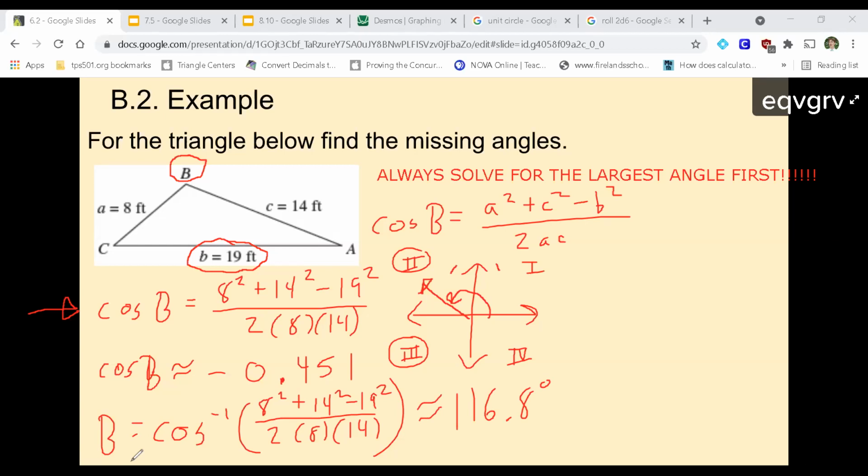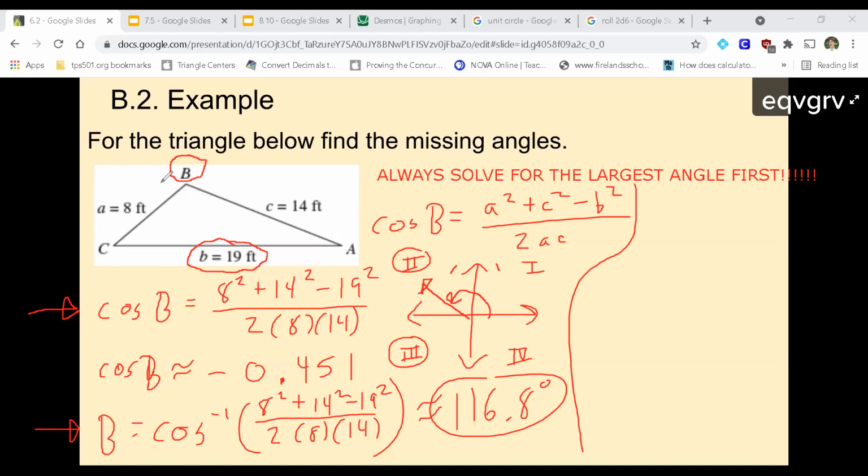So again, on your actual work, I would just start out with this line and then that line to get that answer. And then the rest of this problem is now you're using the law of sines. If we use A, it looks like a smaller number, so it might be easier to solve for that one first.